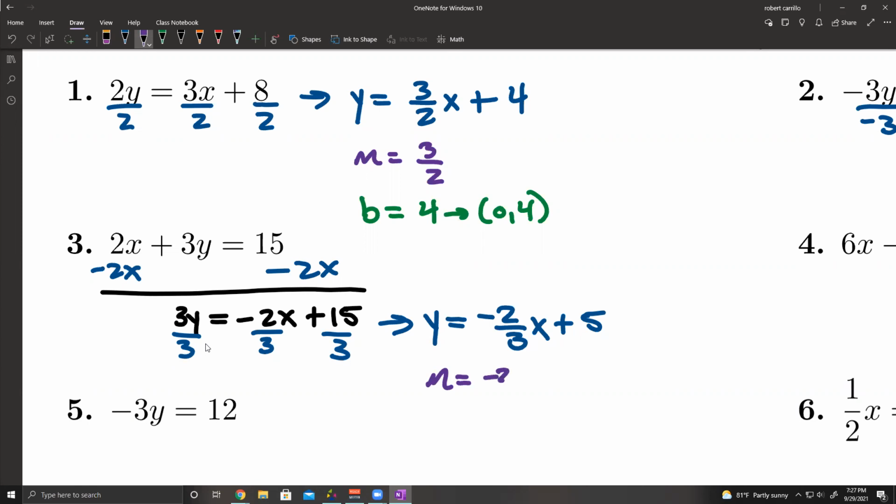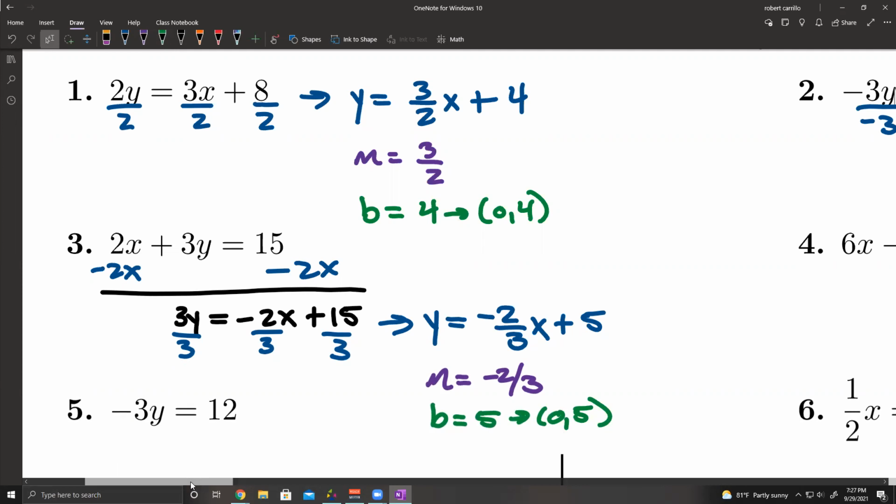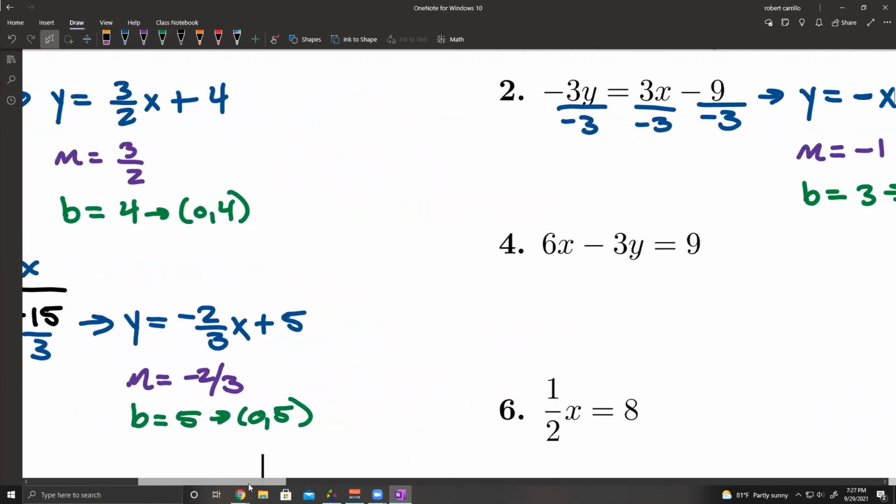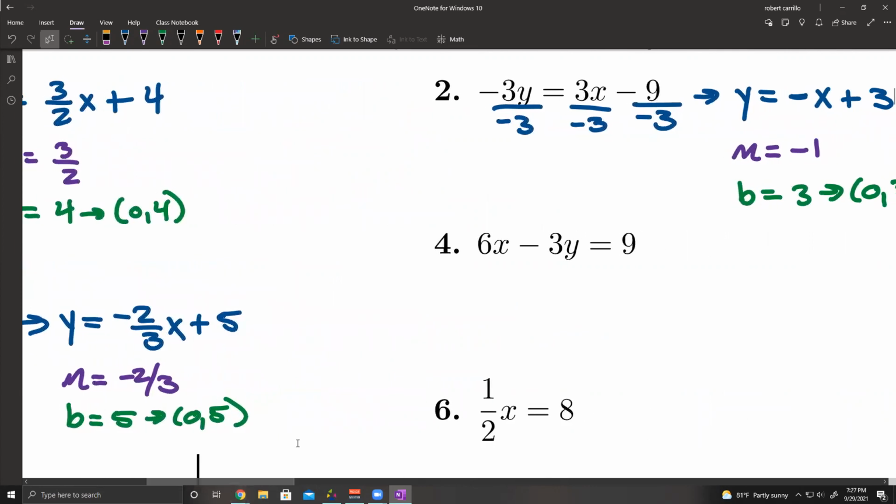Negative 2/3. What is my y-intercept? 5. There it is. Everybody good with that one? Good. Work in progress.